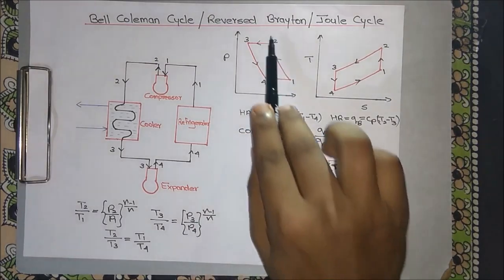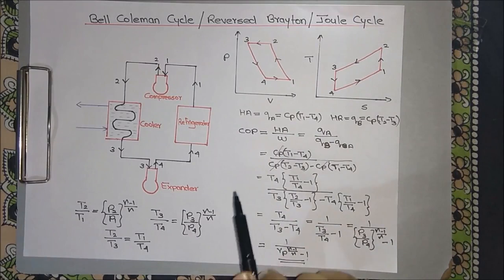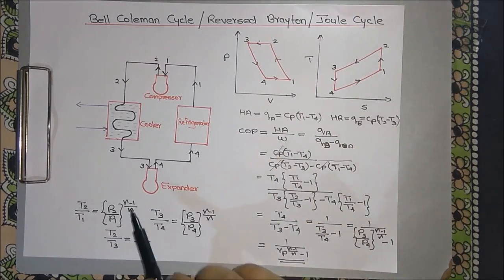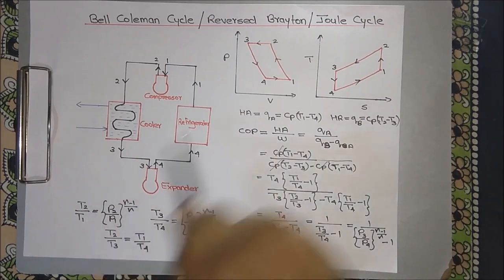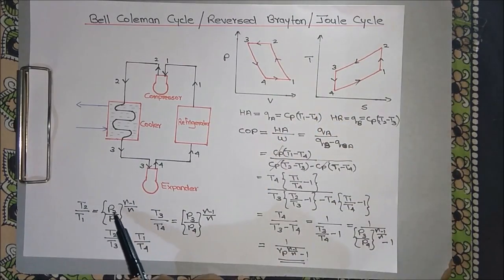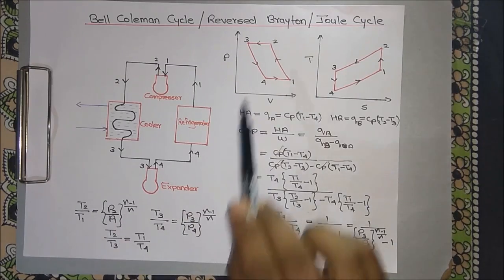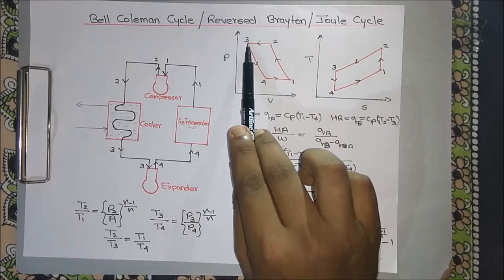So consider process 1 to 2. This is an isentropic process. So we have the relationship between temperature ratio and pressure ratio as T2 by T1 is equal to P2 by P1 whole raised to gamma minus 1 by gamma. We also have another isentropic process from 3 to 4.